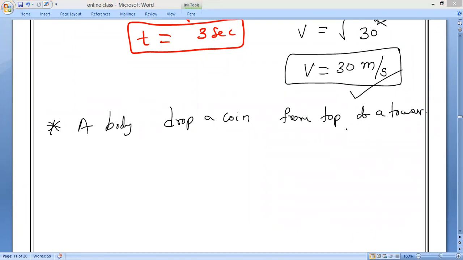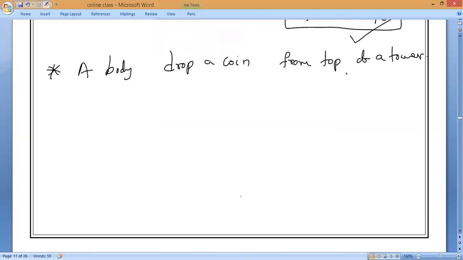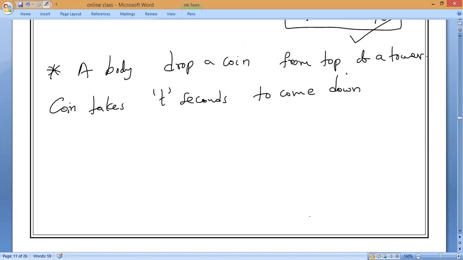Next. Coin takes T seconds to come down from the top of a tower.